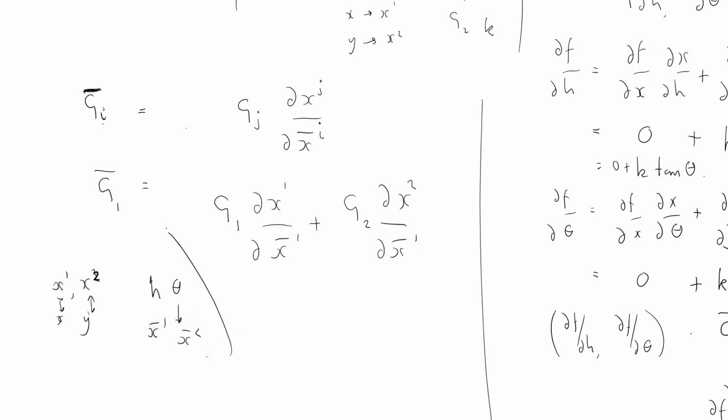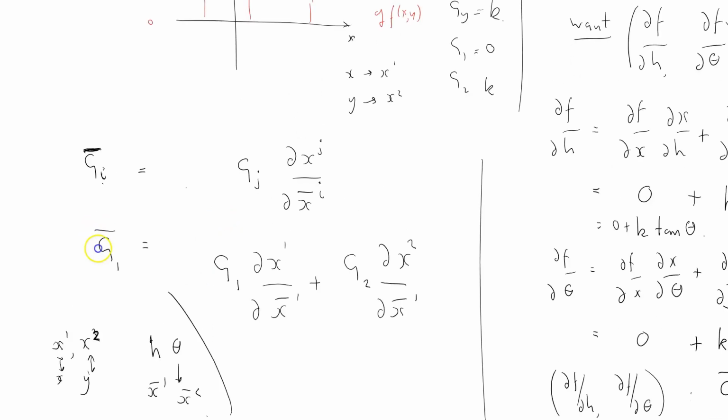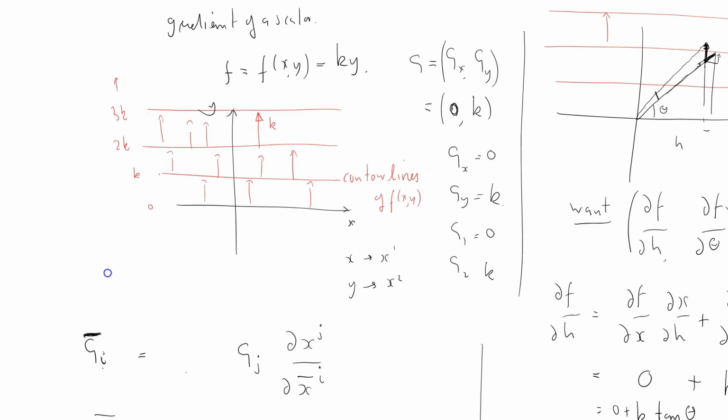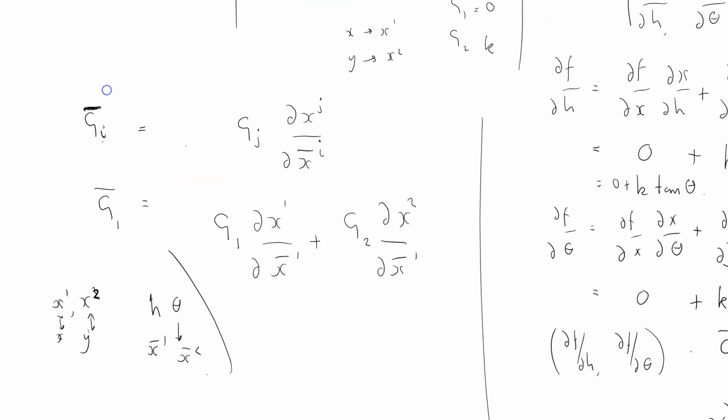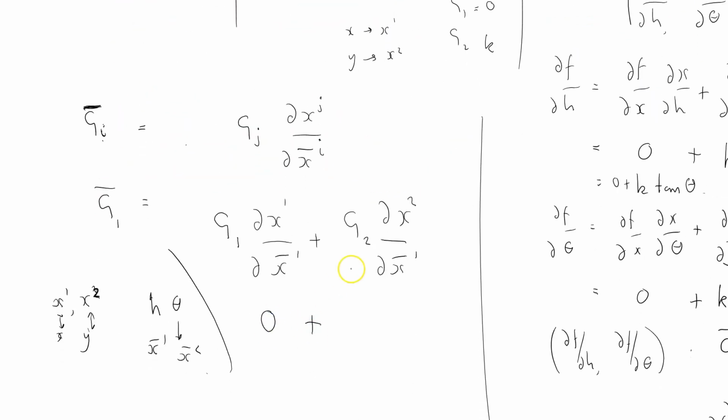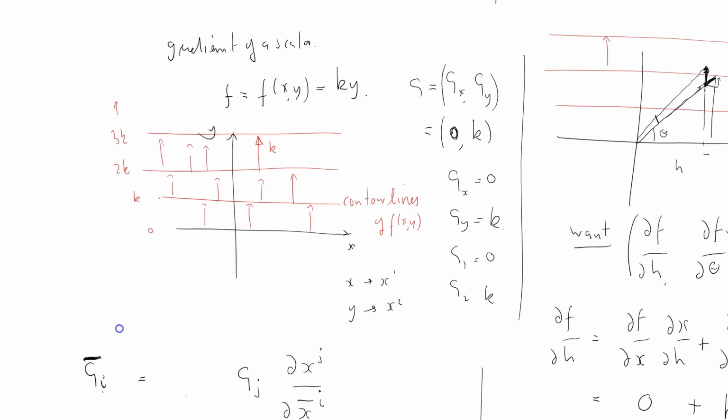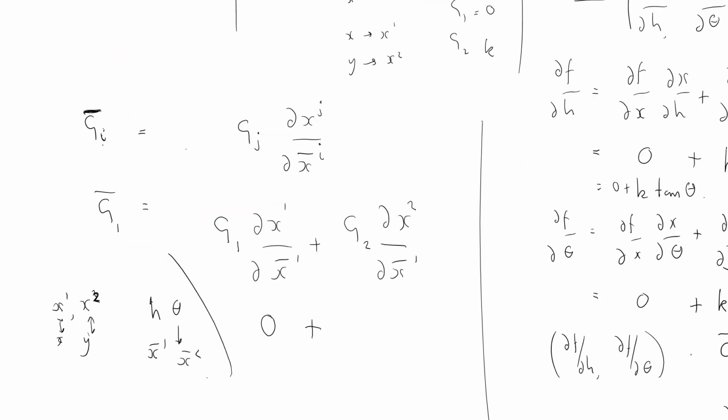Sometimes it's easier to write the h and θ, sometimes it's easier to write the 1 and the 2. G1 was the gradient in the unbarred system, which was this one, which is just 0, plus g2, which was k, times ∂x2. What was x2?